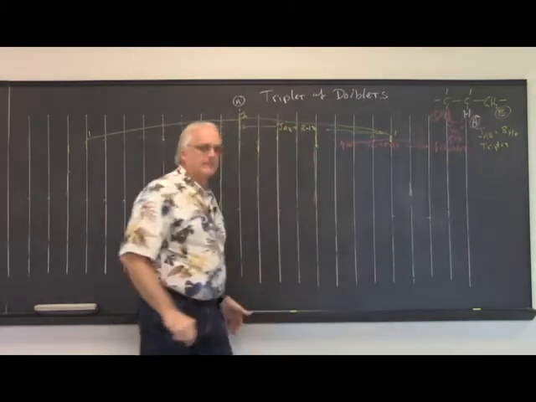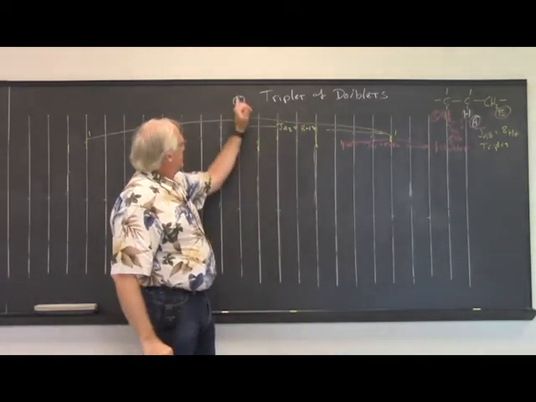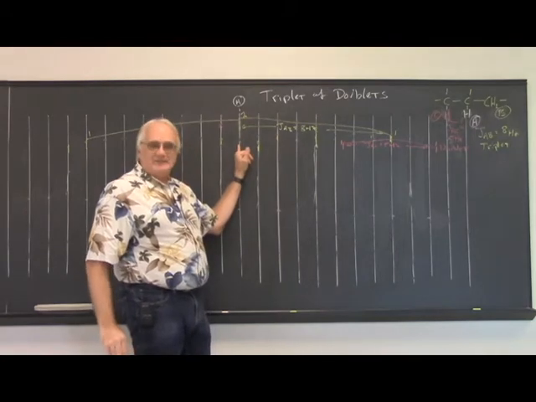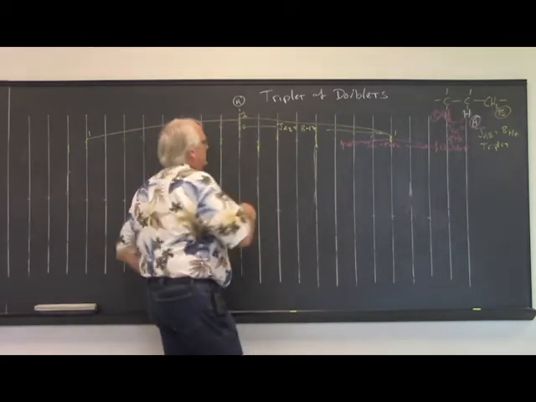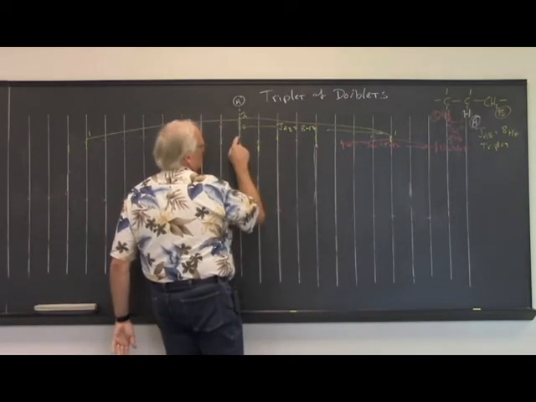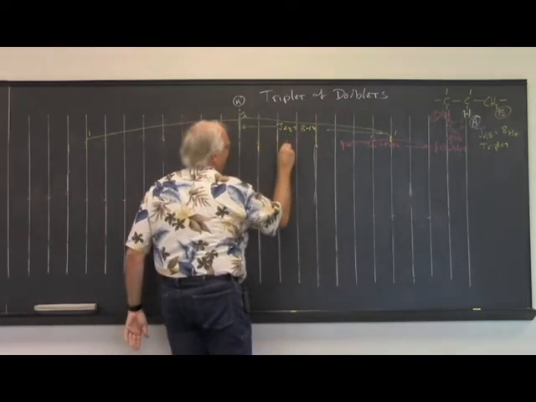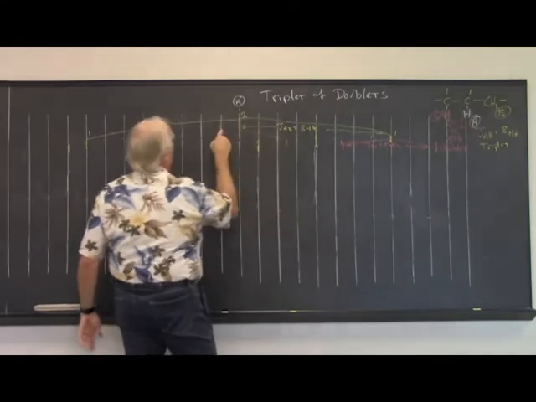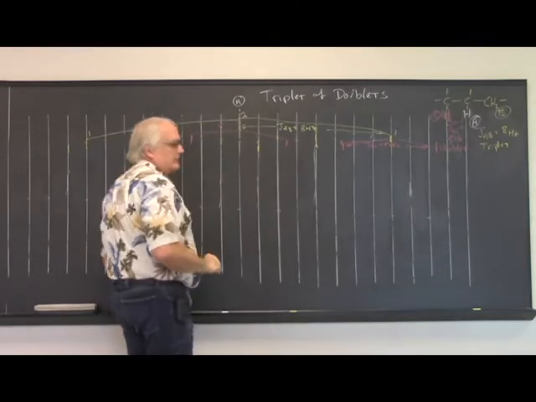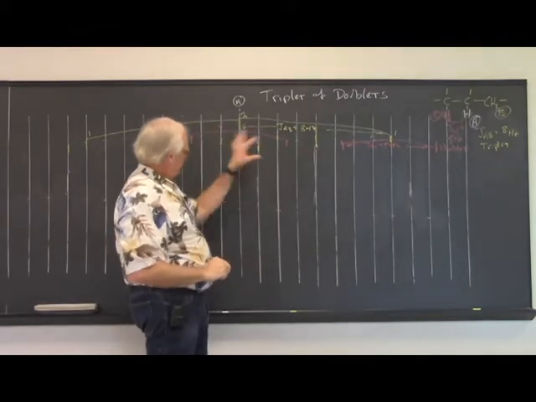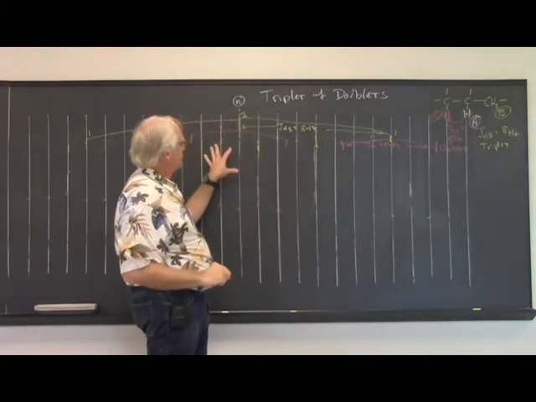Now watch this one. The other branch of the triplet is the center, right here. We're making a doublet, even numbered. 5 Hertz total, so 1, 2, and a half in this direction, 1, 2, and a half in that direction. So there's the second doublet of my pattern here.